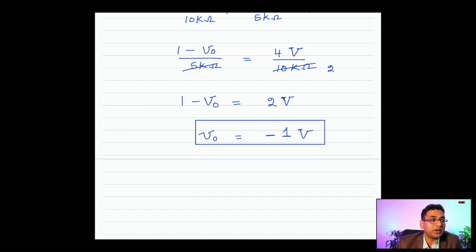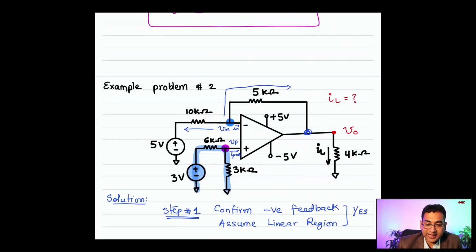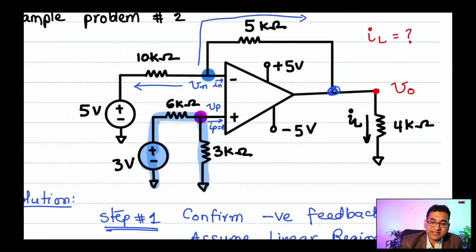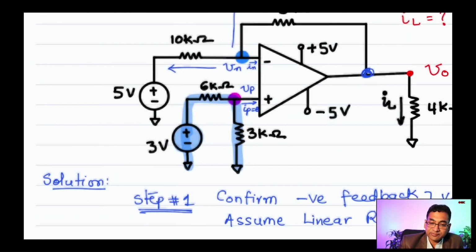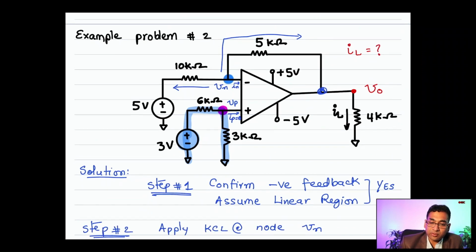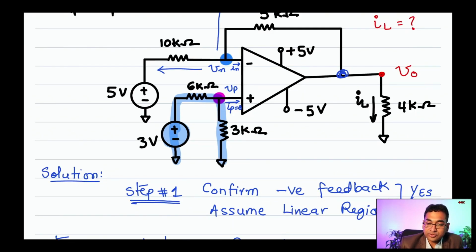Now, that's not what we wanted to find out. We wanted to find out IL. What's the value of IL? We just found out that Vo equals negative 1 volt.